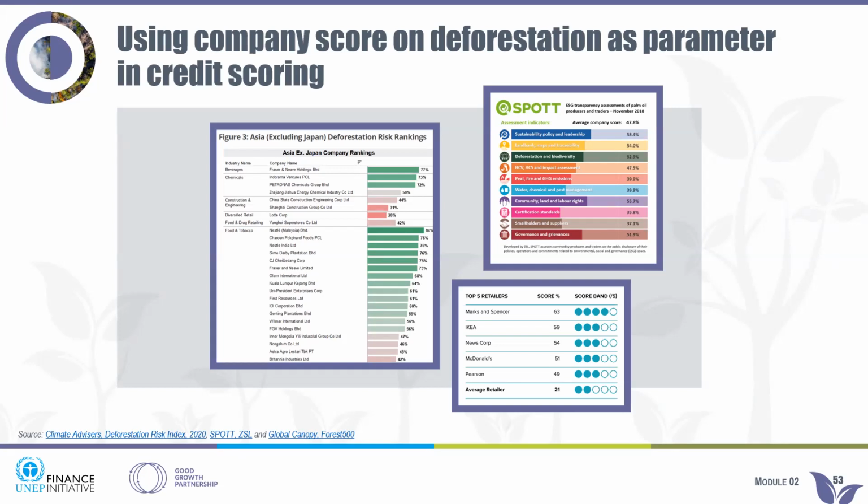I would say globally, those scoring schemes have two primary benefits. They make it relatively easy to rank and benchmark companies in the same sector, which allows you to quickly identify champions and companies that require more significant engagement.